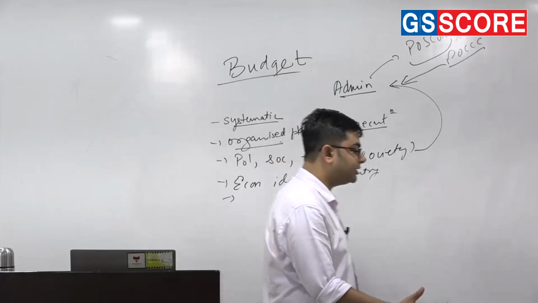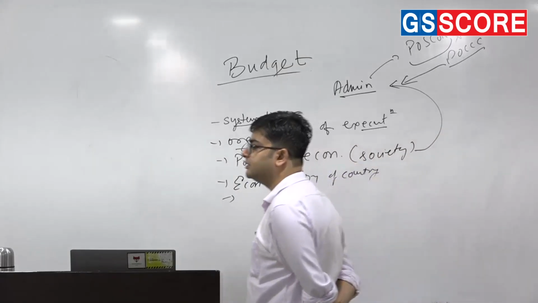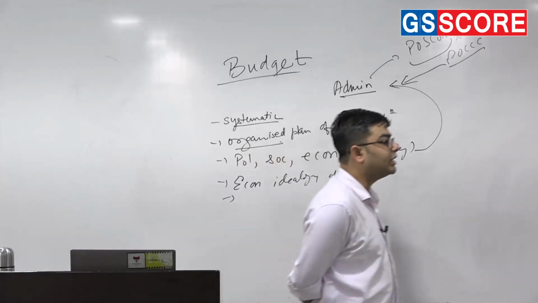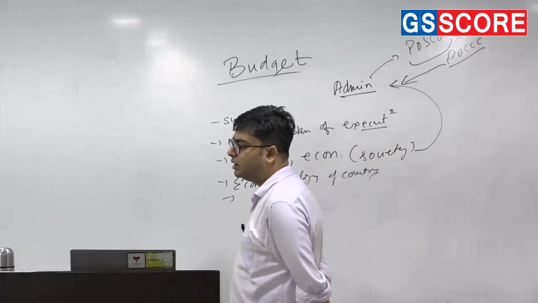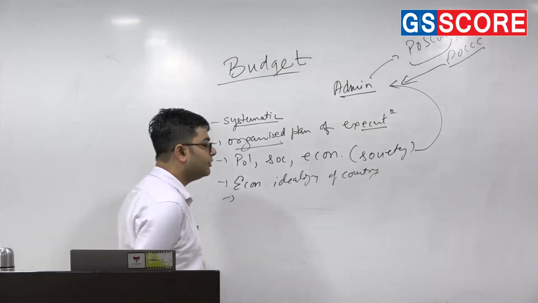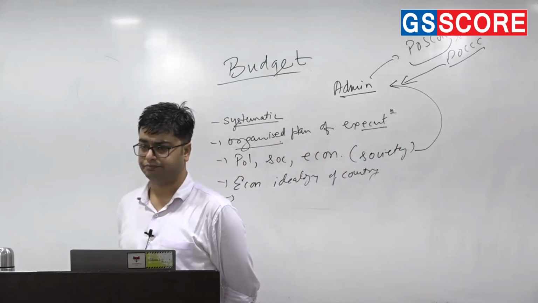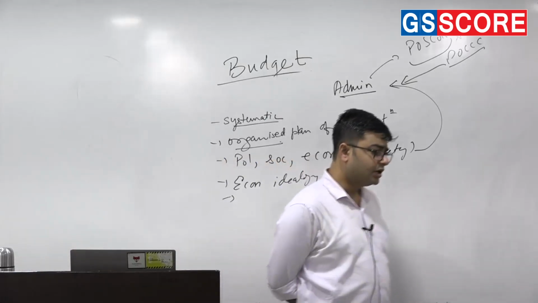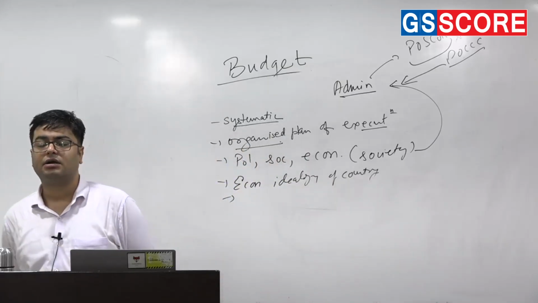Also, since budgeting exercise, especially in democracies, is not done in secrecy, it acts as a tool for the citizen and administration to interact. So you would see before the budgeting, the finance minister would call industry bodies. There would be representations which are given by various civil society organizations, right? Other public spirited forums. There would be lobbying which would be done, obviously in a legal way, right?